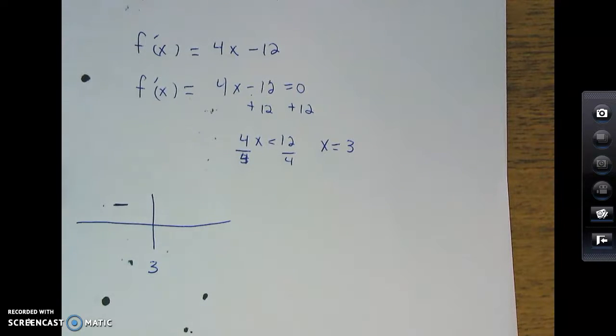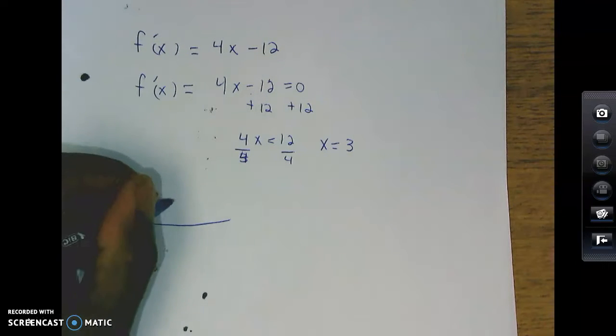And then when I plug in the value of 4, that's the value to the right of 3, I'm going to get 4 times 4, which is 16, minus 12. So that's going to be a positive 4.